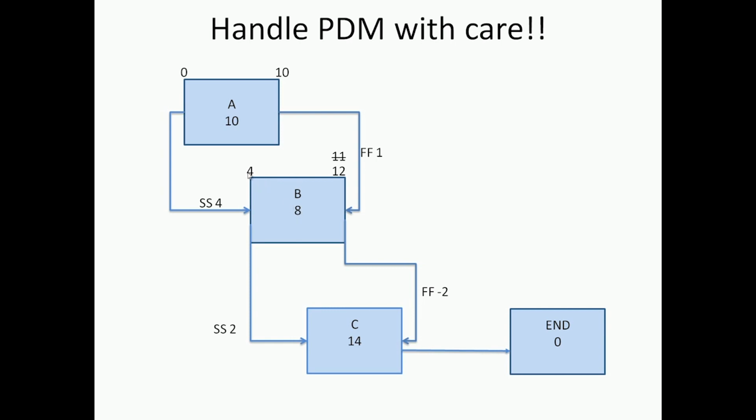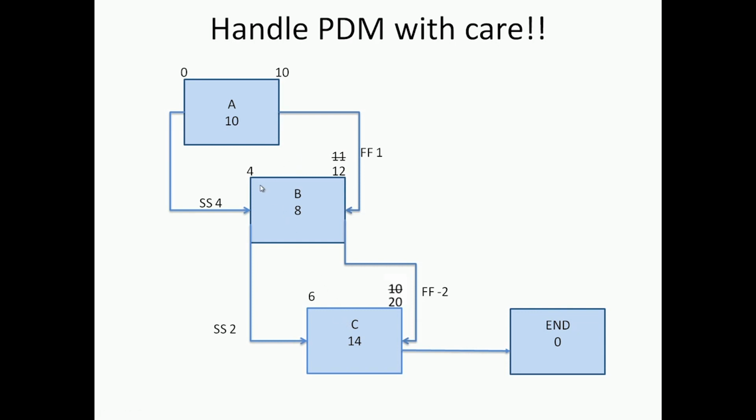So the early finish could be 12, or if I come with the other relationship, the finish relationship from A, the early finish is at 10, and if I use the finish relationship and count, it should finish by 11. So between 11 and 12, 12 is more constraining. So I keep 12 as the early finish and then move on to the next activity, which is C.